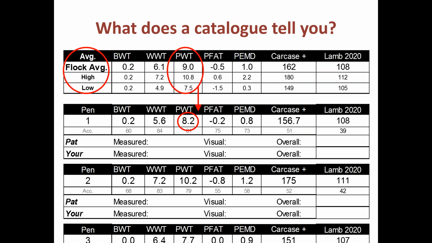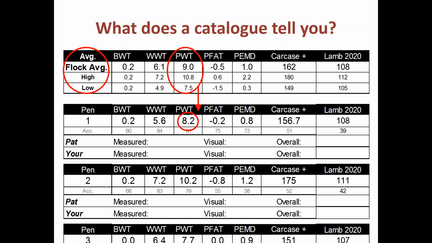So within that flock we've got a scale, and we're starting to get a grip of what this funny number of 8.2 means to us. We've probably been buying rams from this flock for a while, so we're happy enough with the performance of the rams, and now we've got a way of judging whether it's good, bad or indifferent.